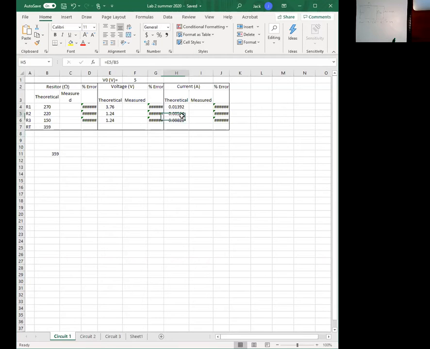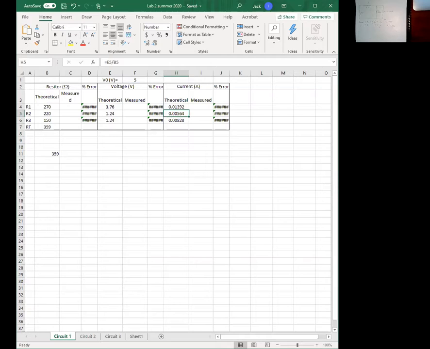And once you have that, you can calculate these by using these formulas. Voltage is equal to I times R, so current is equal to voltage over R, which means resistance is equal to voltage over I.